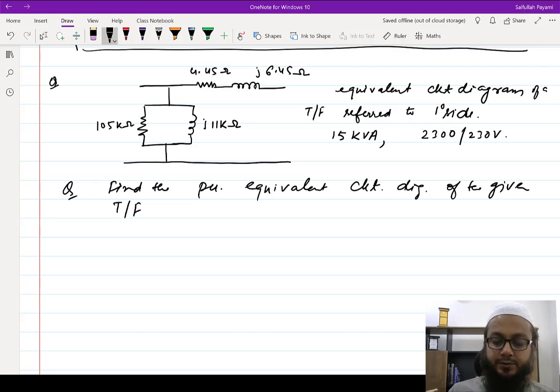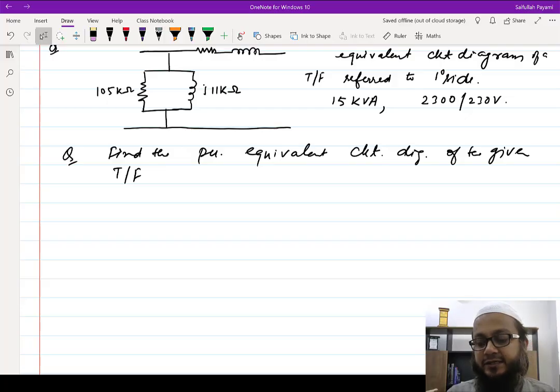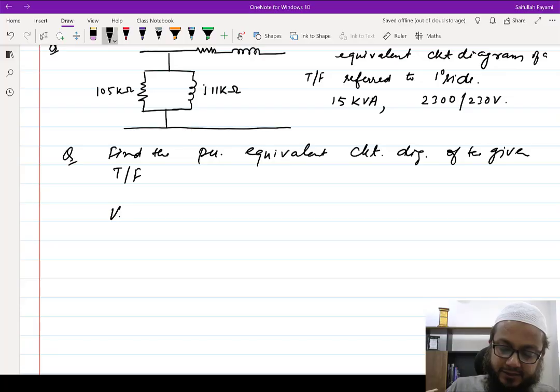Since this has been given towards the primary side, and primary side voltage is 2300, the base voltage V base would be 2300 and S base would be 15 kVA.